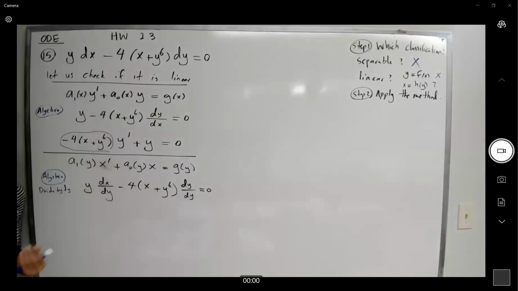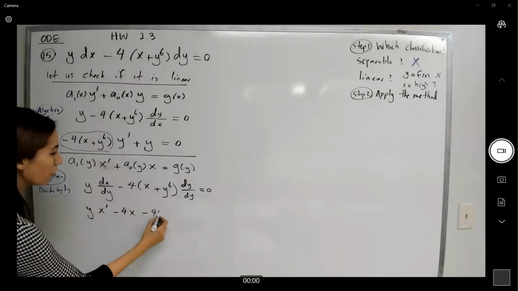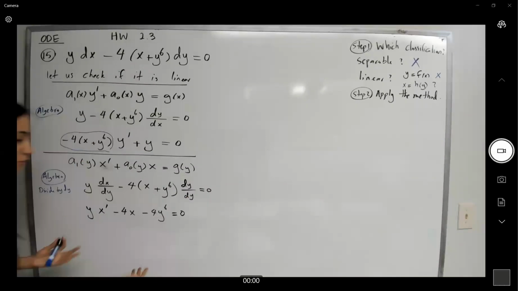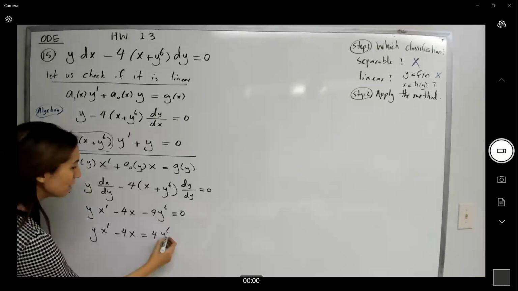Let's see what's happening here. So here you have y x prime minus 4x minus 4y to the 6th equal to 0, or y x prime minus 4x equals 4y to the power 6.